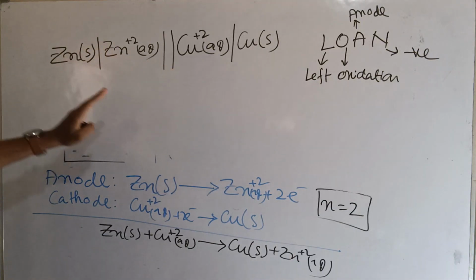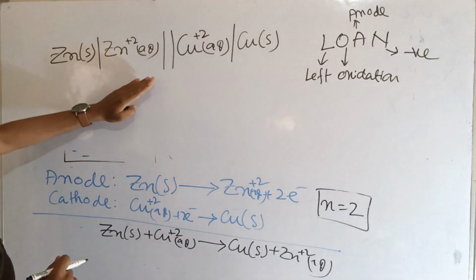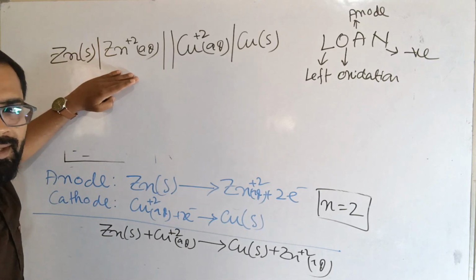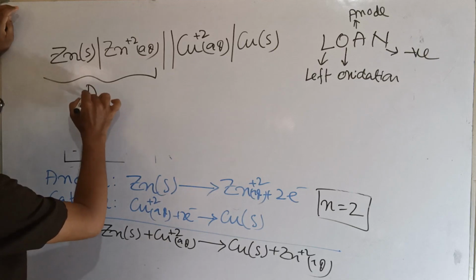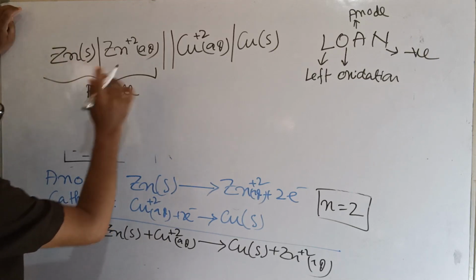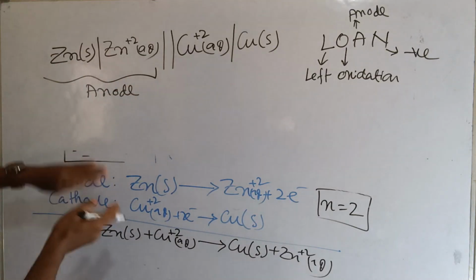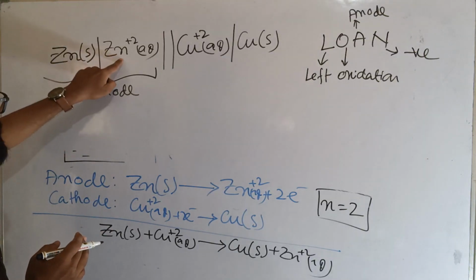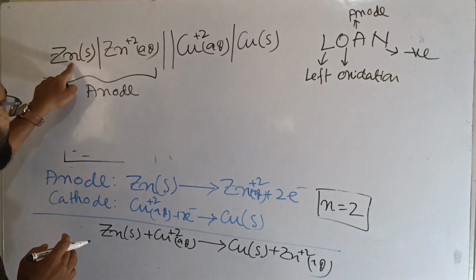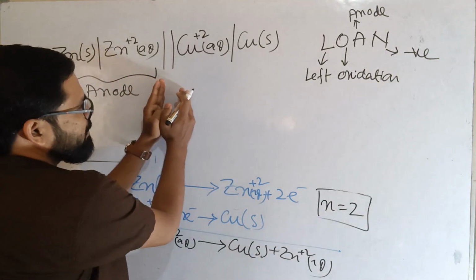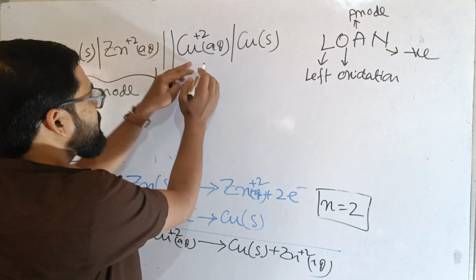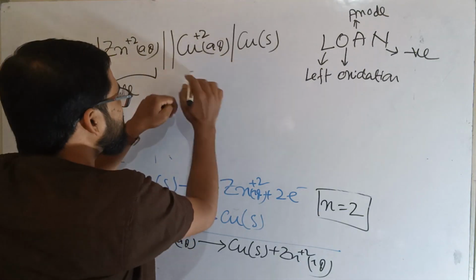On the left side of the salt bridge, oxidation takes place, which means anode. So this portion indicates the anode, where Zn goes to Zn+2. On the right side of the salt bridge is the cathode, Cu+2 to Cu, where reduction takes place.